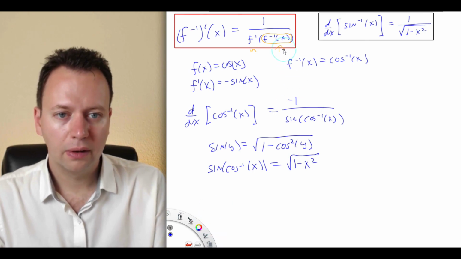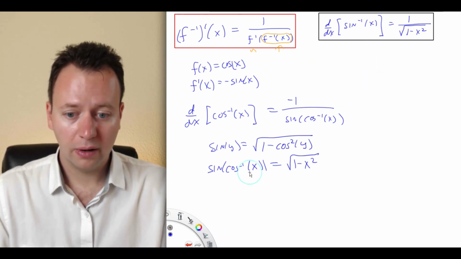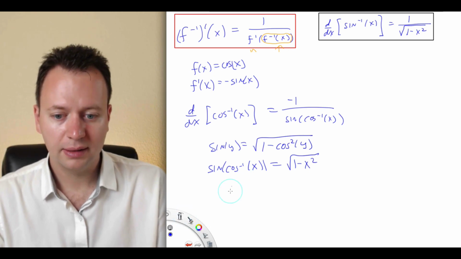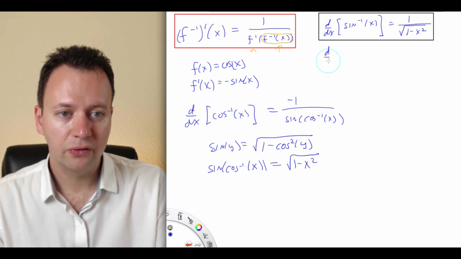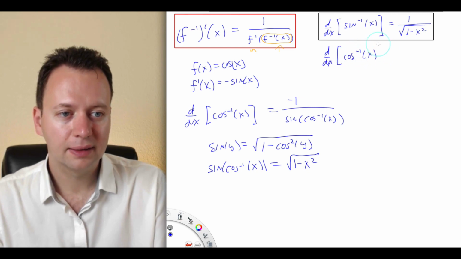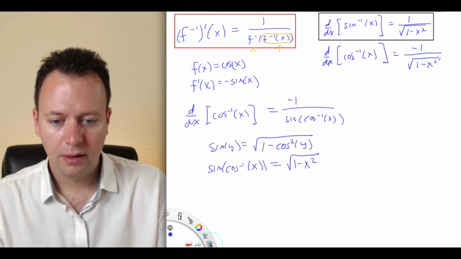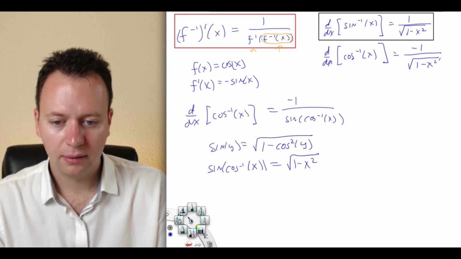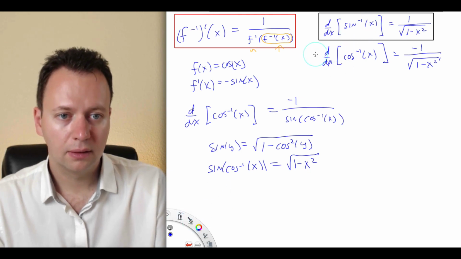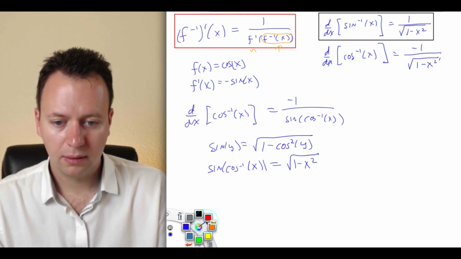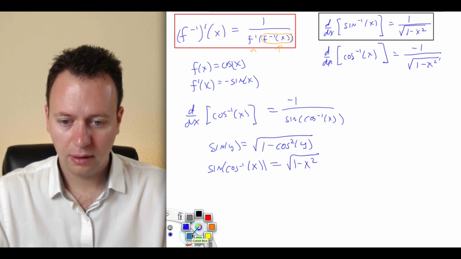So our next formula is the derivative of arc cosine of x is just equal to minus 1 over the square root of 1 minus x squared. So, interesting result.